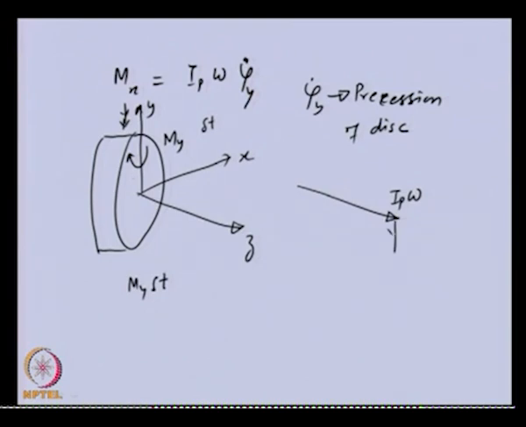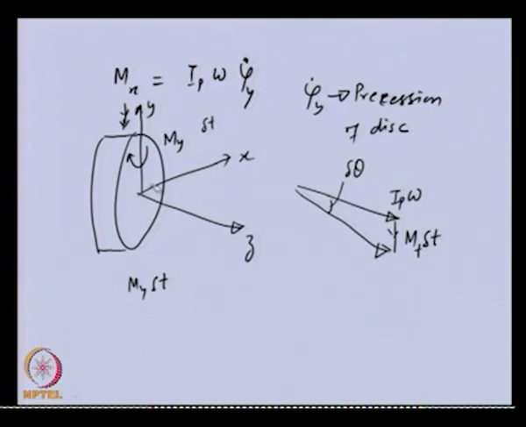To have equilibrium we need to close this angular momentum vector, and this angle is the precession or tilt of the disc about x axis. Let us say this is delta theta.